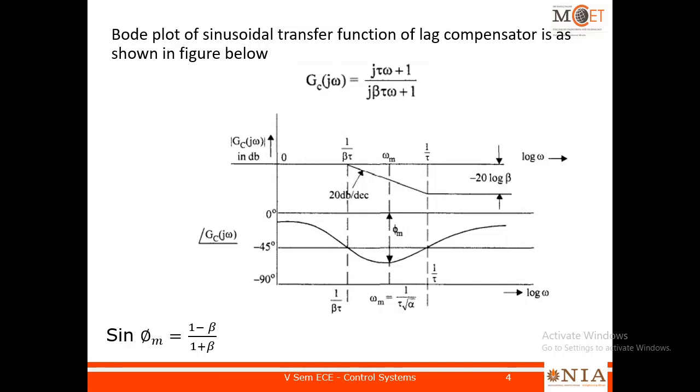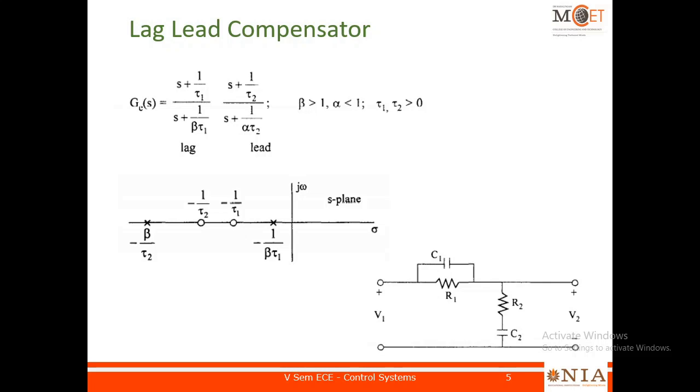Suppose you want to improve both the transient performance as well as the steady state performance, then you have to go for a compensator like the lag lead compensator, which will take a transfer function of this type. Okay, with 1 by tau 1, 1 by beta tau 1, 1 by tau 2, 1 by alpha tau 2.